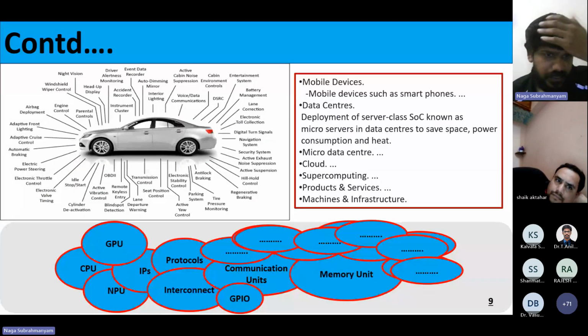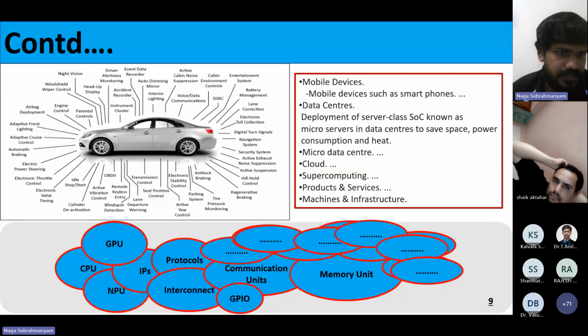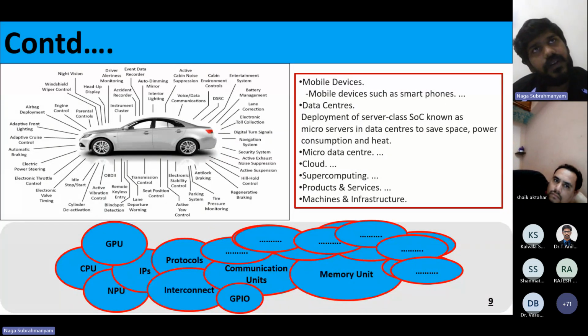So these are the various things which are coming with a system. It may have a CPU, it may have an NPU, it may have a GPU, network processing unit, graphic processing unit, so many IPs. For the last 3-4 years, the IPs are like SPI, I2C, UART, Ethernet.